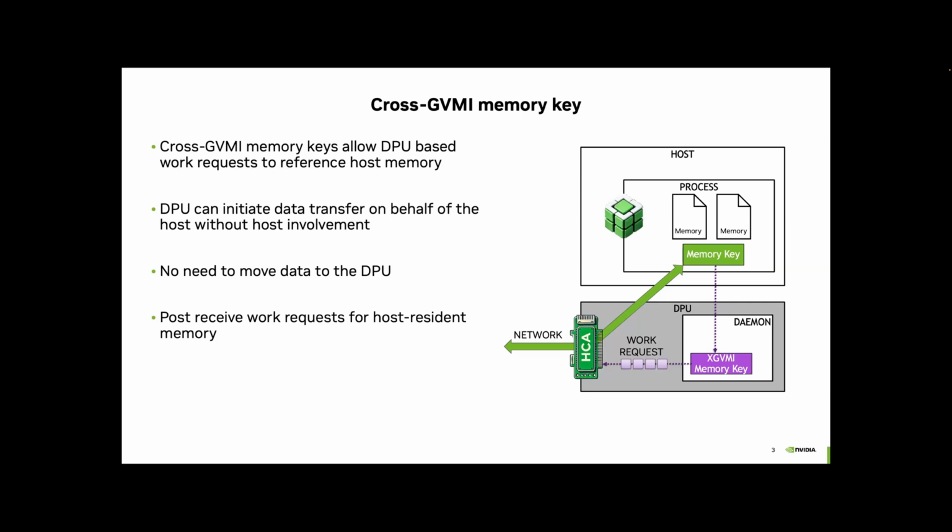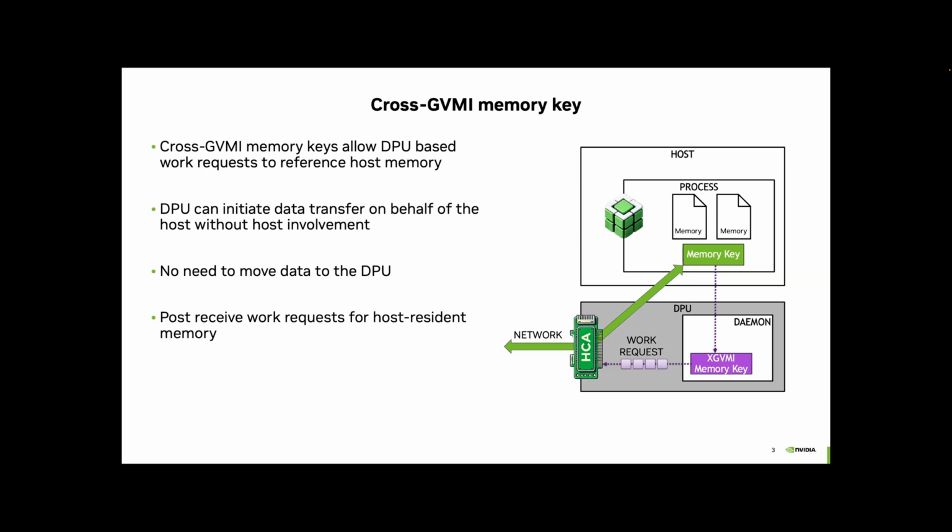One of the most important features that we leverage from the BlueField DPU is the cross-GVMI memory key. This memory key, like any other InfiniBand memory key, is used by the DMA engine to map between physical memory and virtual memory. But it is a very special memory key that also allows you to post network operations from the DPU side that will affect memory sitting on the host side.